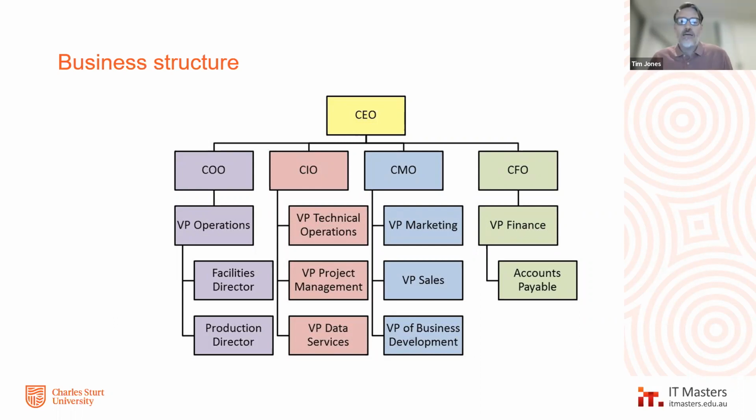So in a traditional business, we've got the CEO, the head of the business. We've also got a CIO, a chief information officer. This is usually the person responsible for setting the strategy and direction of the IT or technology systems within the organization.